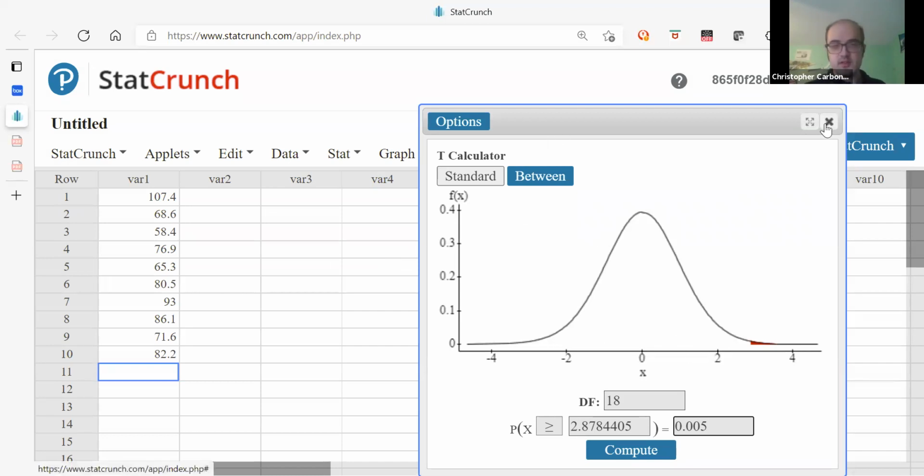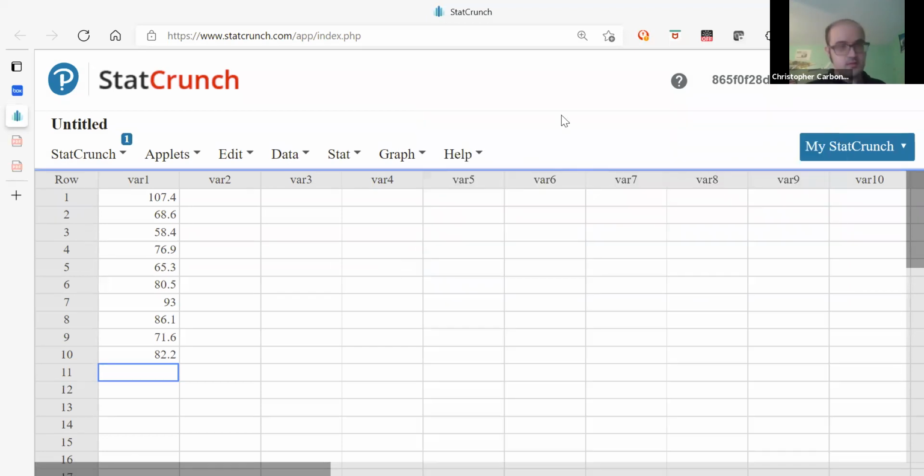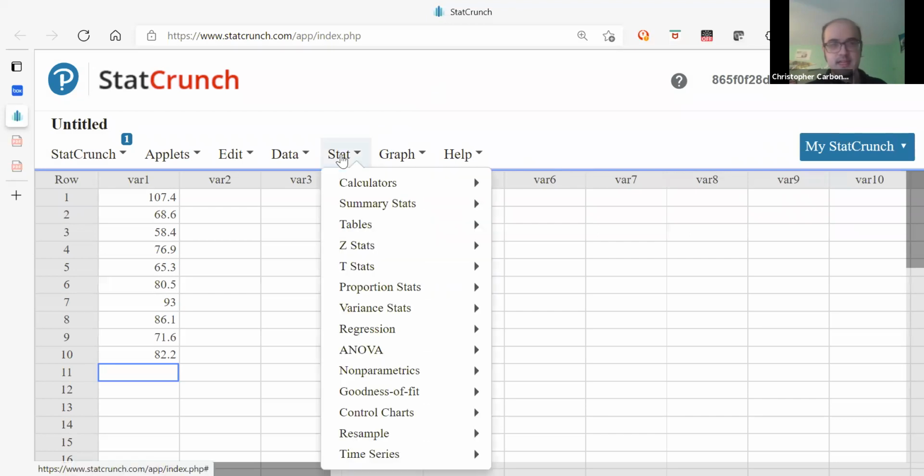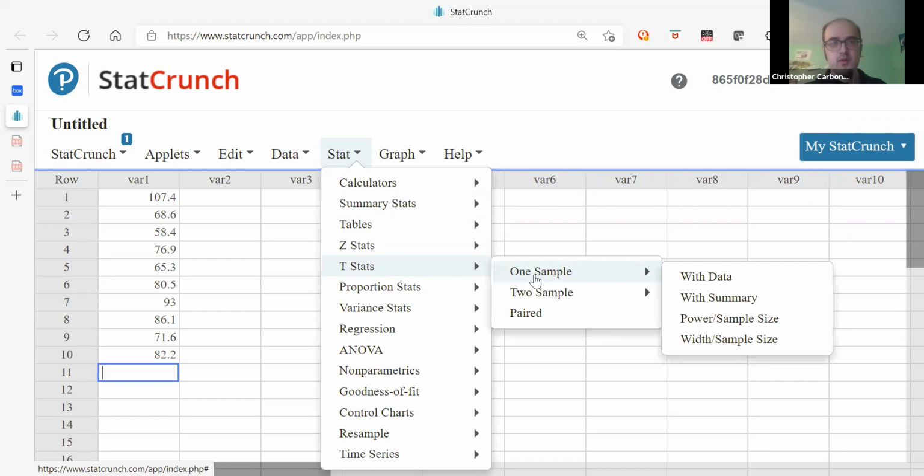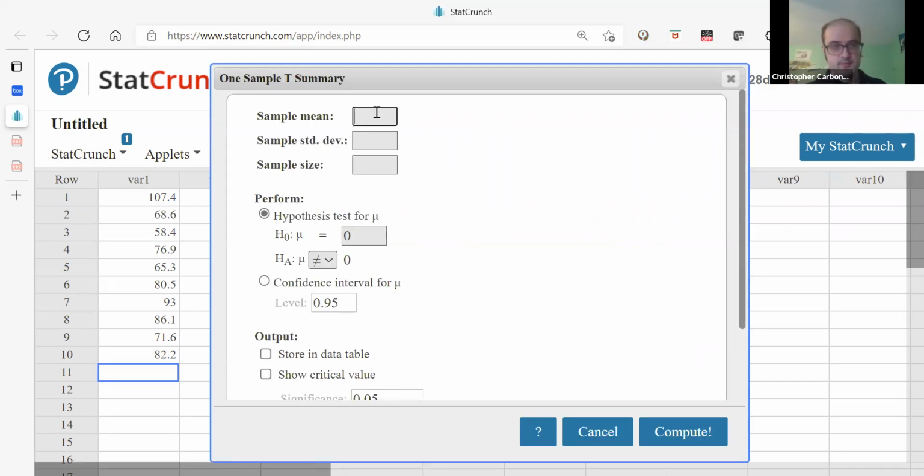For this, we are going to go to Stat, T Stats, One Sample, With Summary. The mean we are using is 8.15. The sample standard deviation is 0.8. Sample size of 24.